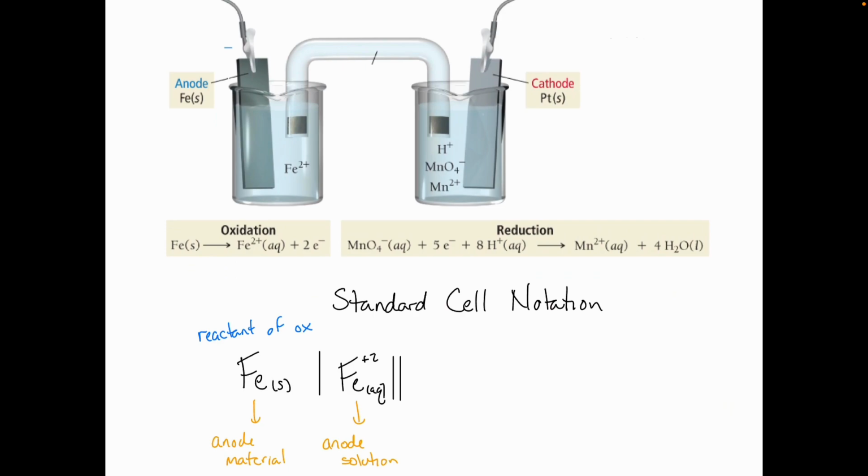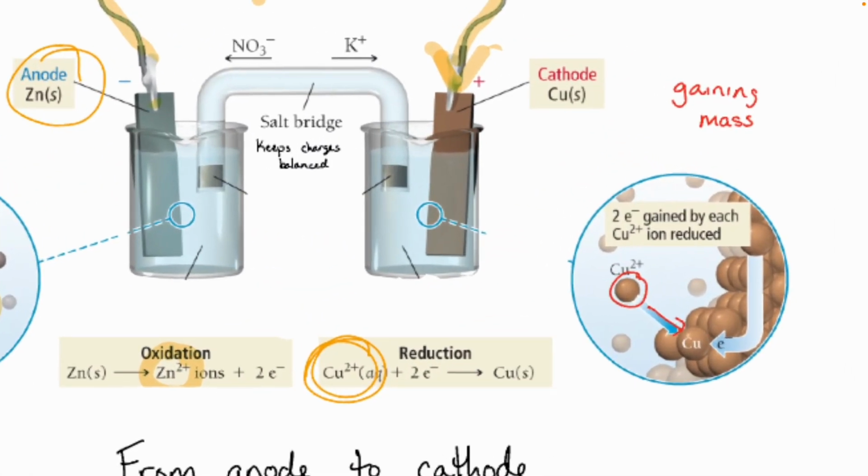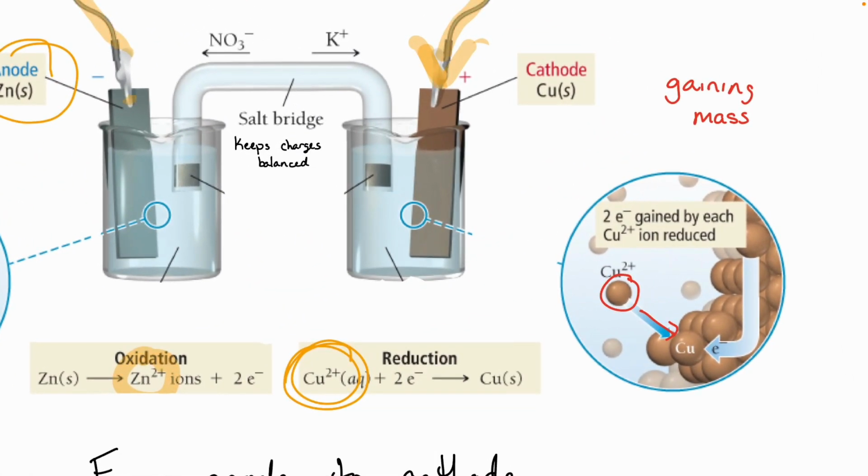battery. All right, if we look at our reduction half reaction though, unlike before, if we look at our last battery real quick, my cathode was made out of copper because copper was the product of my reduction reaction. Okay?